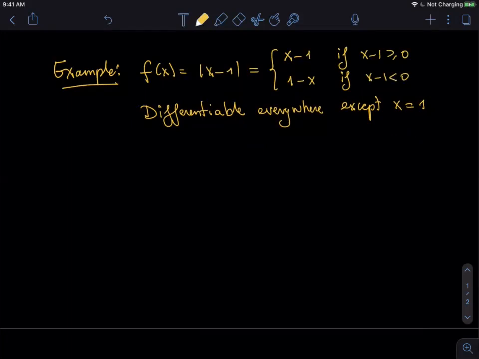But we don't write it like this. We write x bigger or equal than 1 and x less than 1. So this is the function f of x.